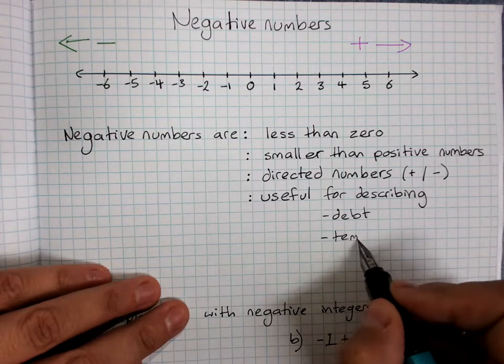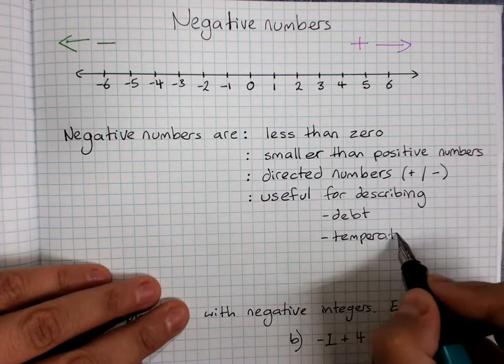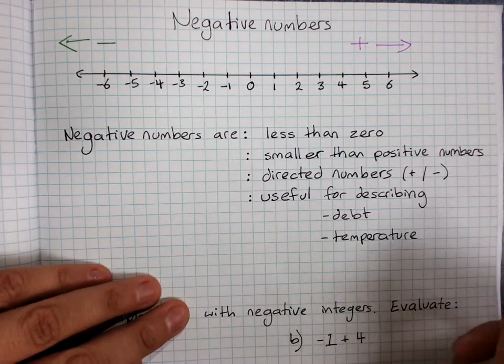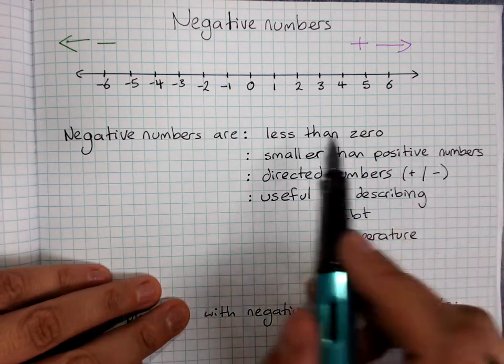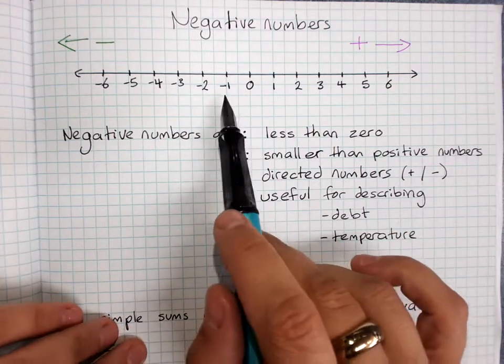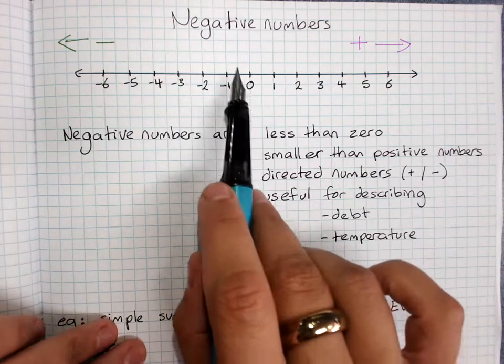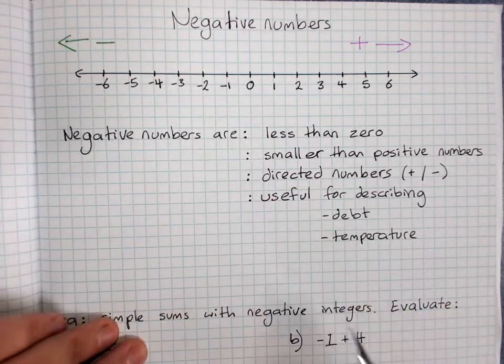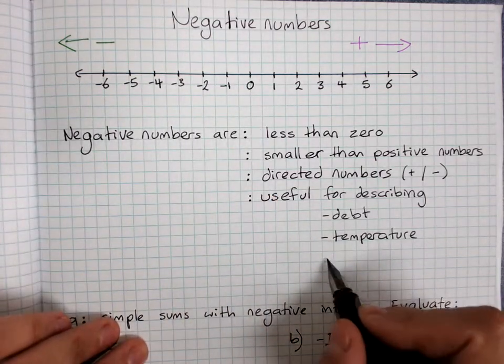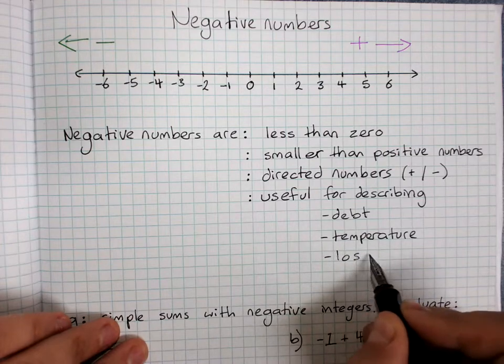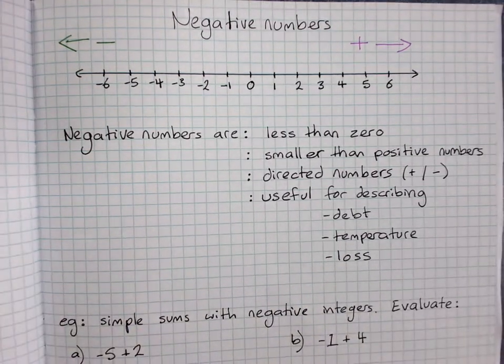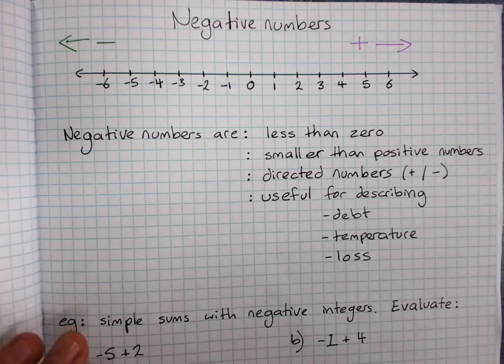Temperature, of course. The temperature easily drops down to negative 8 degrees Celsius overnight in winter in Canberra. That means 8 degrees below 0. And loss, losing something as opposed to gaining something, often also very good with negative numbers.